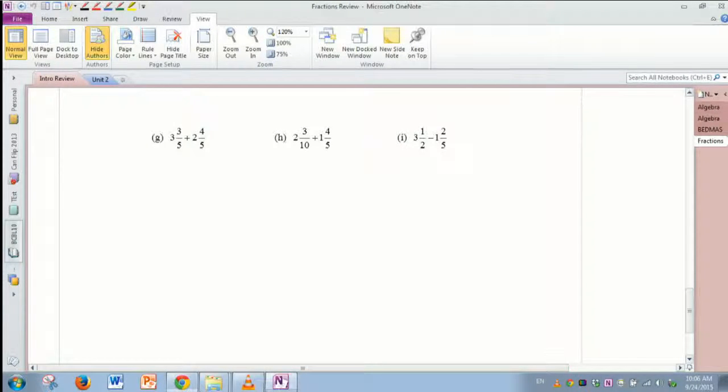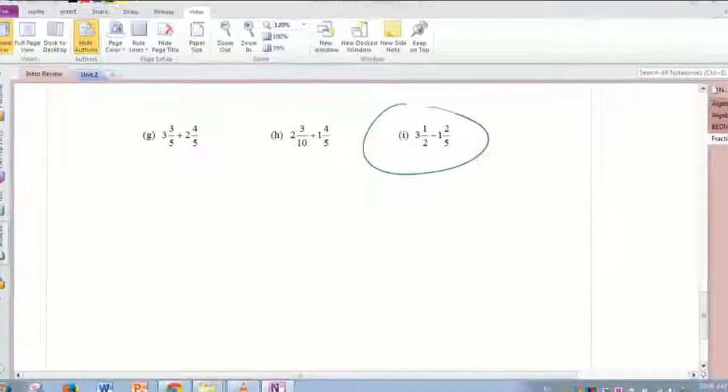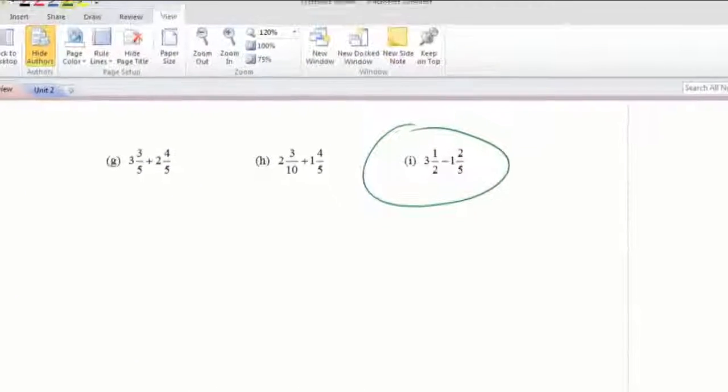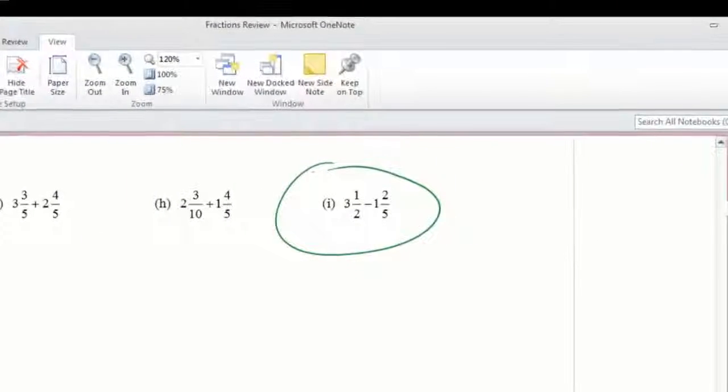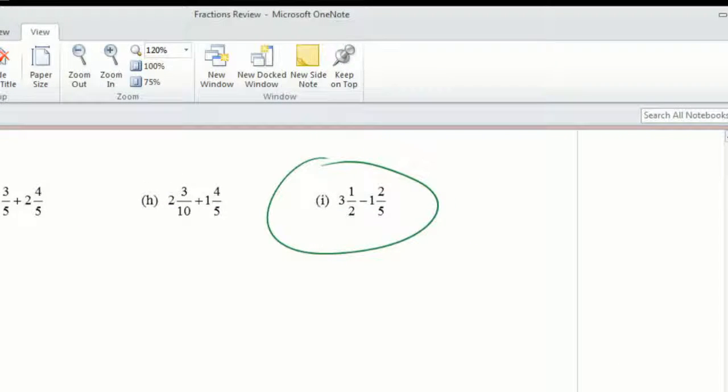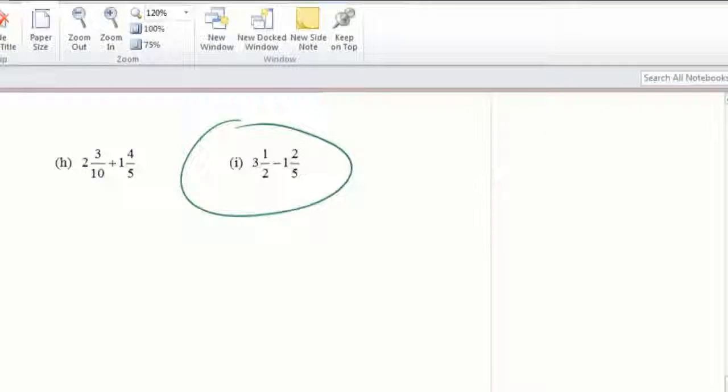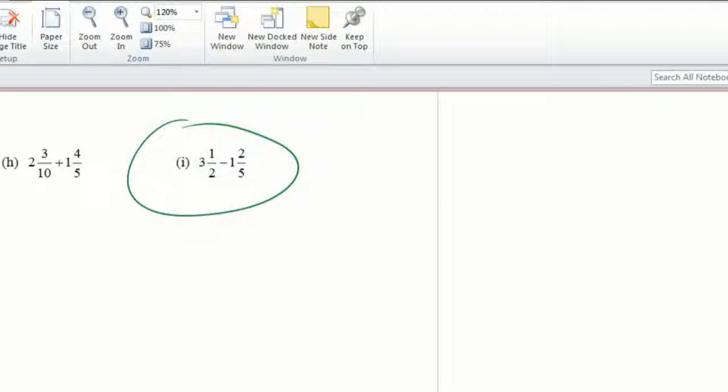Okay, there's a couple of ways we can do this. I'm going to spin my screen. Maybe I'll just do it this way and see how that works. So we're doing this one right here, and it's 2 mixed fractions with a subtraction in the middle.